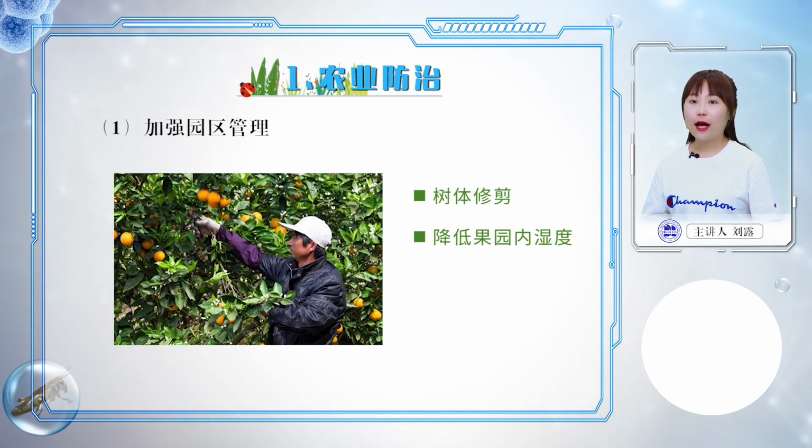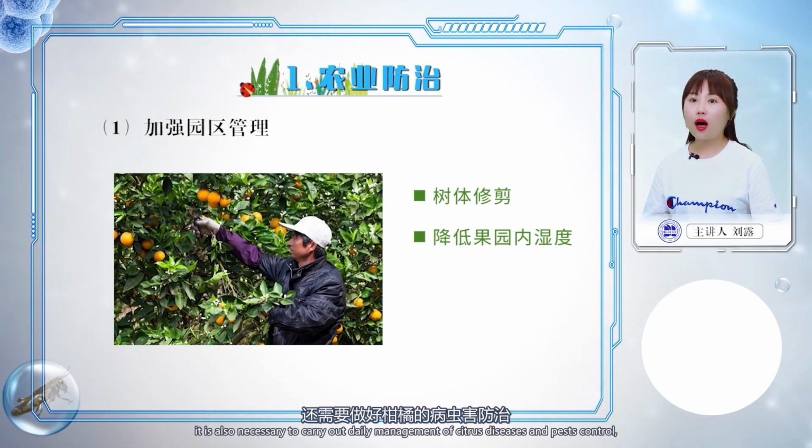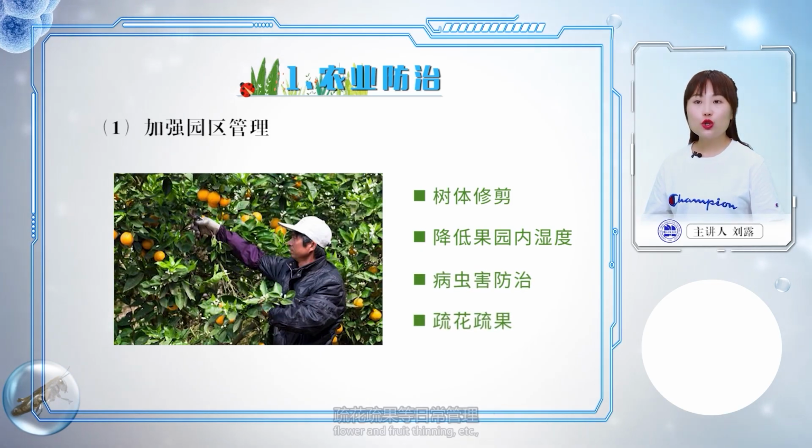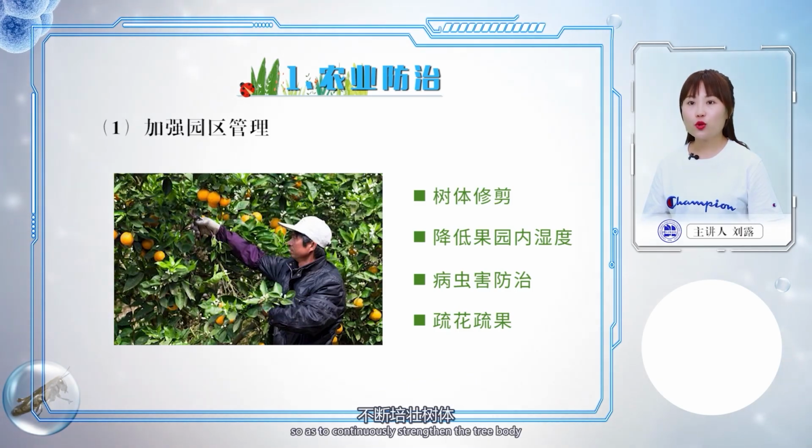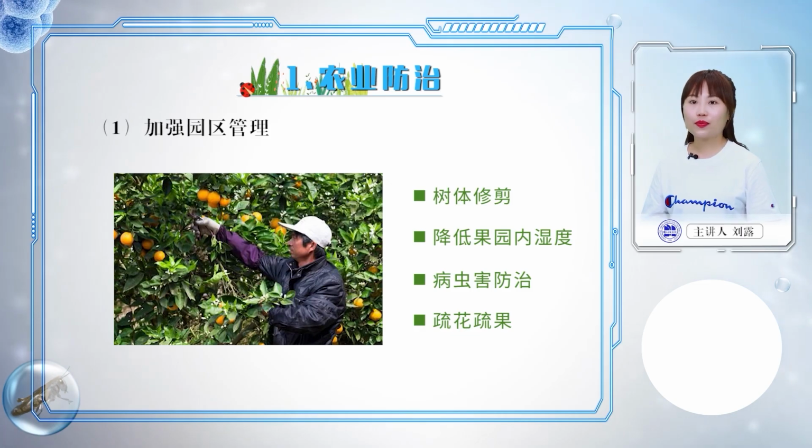In addition, it is also necessary to carry out daily management of citrus diseases and pests control, flower and fruit thinning, etc., so as to continuously strengthen the tree body and enhance its stress resistance.